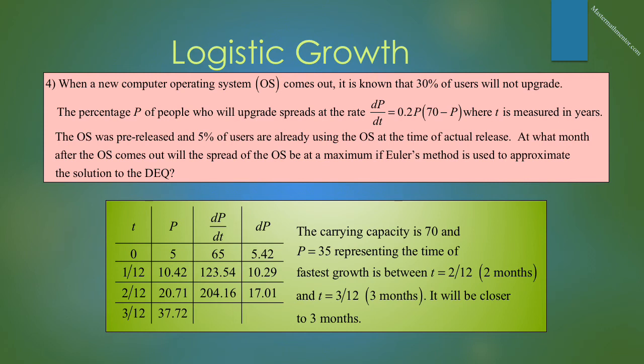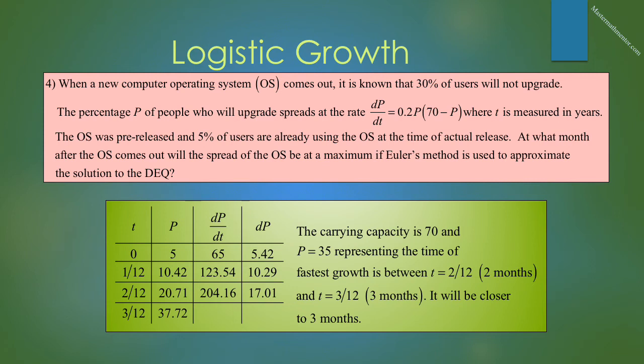Our initial value is when T equals 0, P is equal to 5. Therefore, dP/dt by the formula is equal to 65, and therefore dP is 65 times 1/12, which is 5.42.